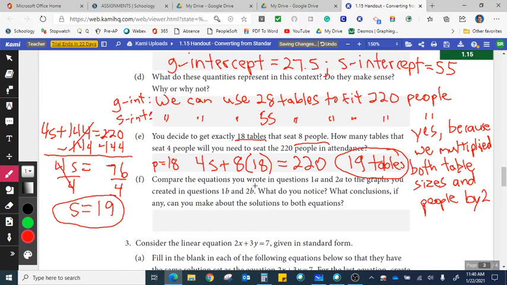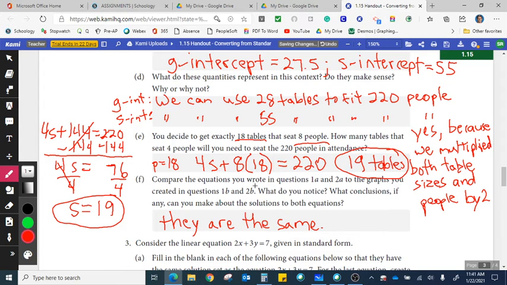Compare the equations you wrote in 1A and 2A to the graphs you created in 1B and 2B. What do you notice? They are the same. What conclusions, if any, can you make about the solutions to both equations?